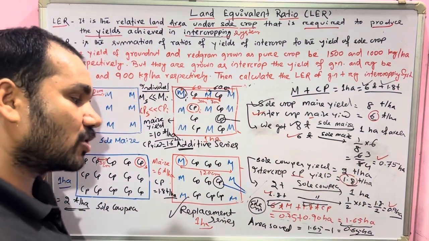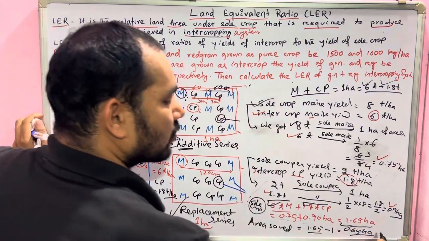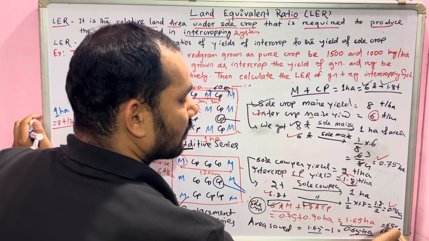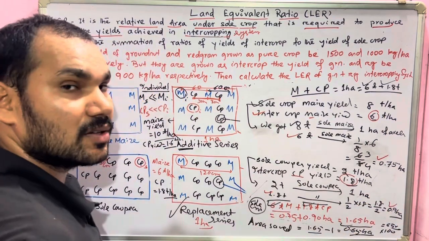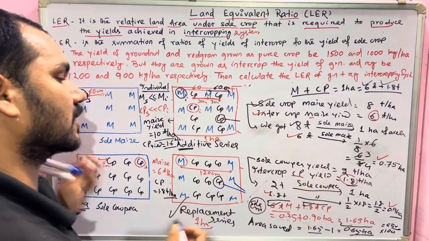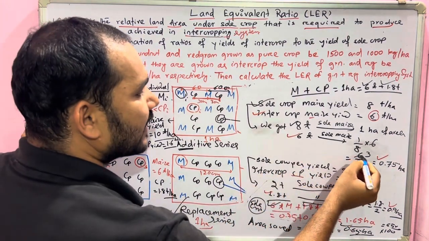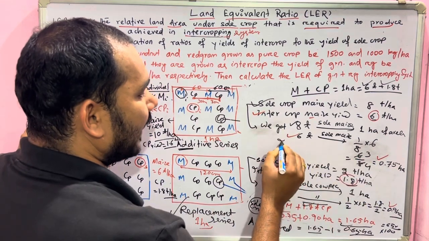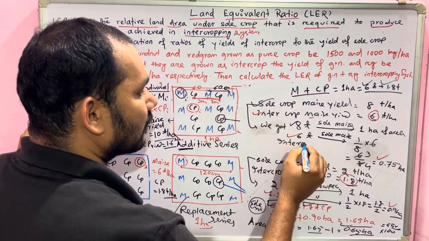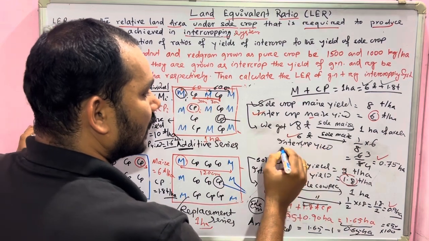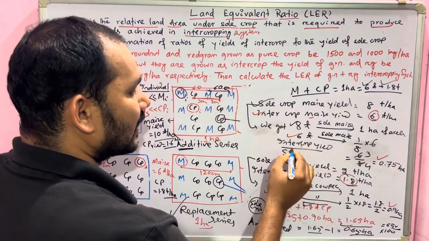How much percentage of area is saved? Just multiply by 100, 65%. Okay, so this is the concept behind it. That means here you can say this is 6 by 8. 6 means the intercrop yield divided by 8 means the sole crop yield.